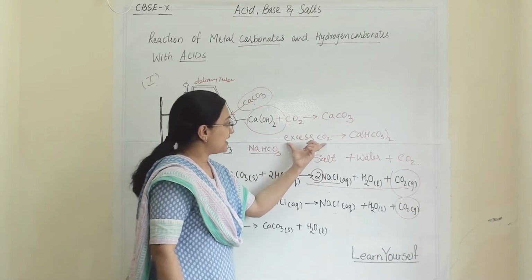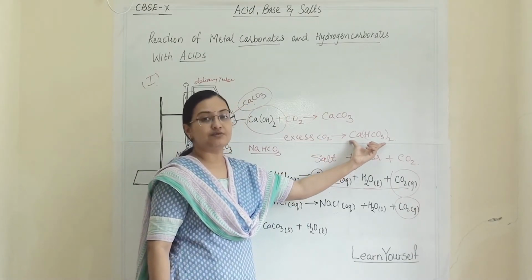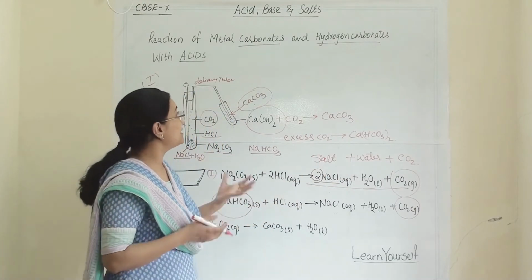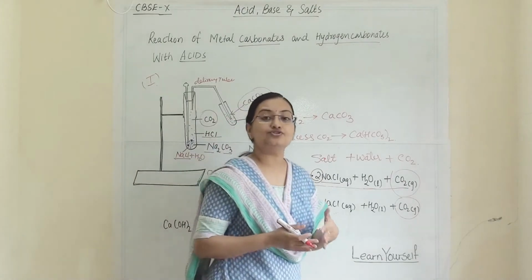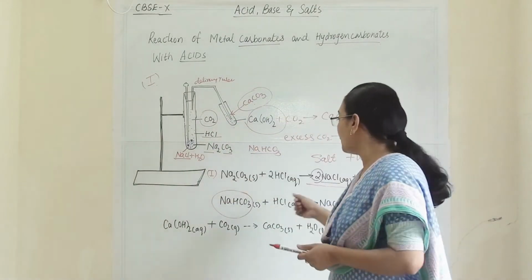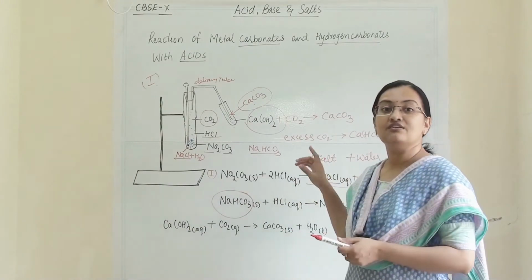So when excess carbon dioxide is there, at that time we will get calcium hydrogen carbonate. So this is all about the reaction of metal carbonates and metal hydrogen carbonates with acid, in which our products are going to remain the same, only the amount of product will change.